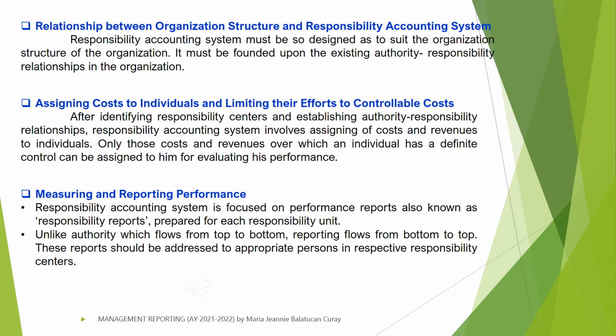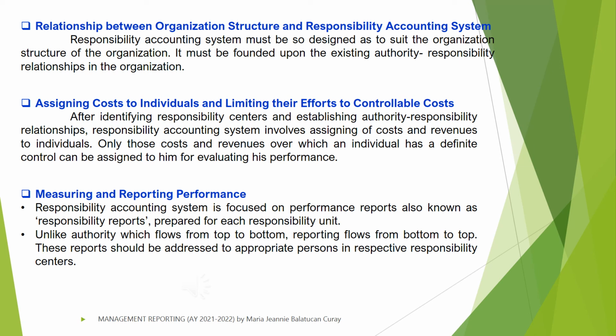It must be founded upon the existing authority-responsibility relationships in the organization. So responsibility accounting should parallel the organizational structure to provide financial information to evaluate actual results of each individual responsible for a function.